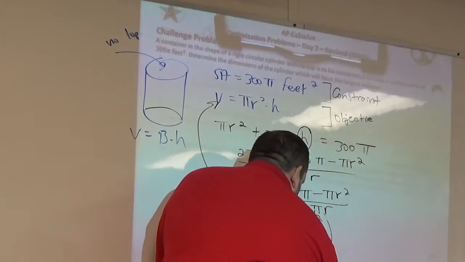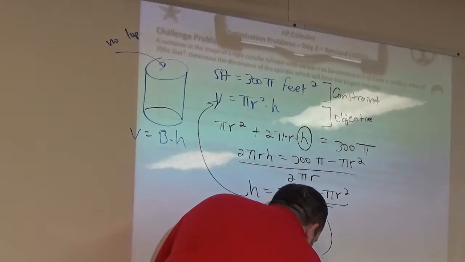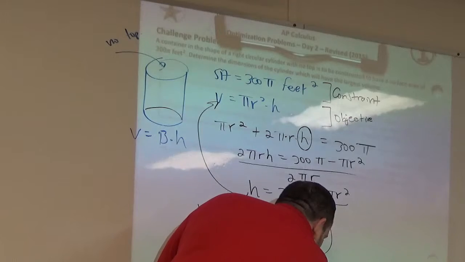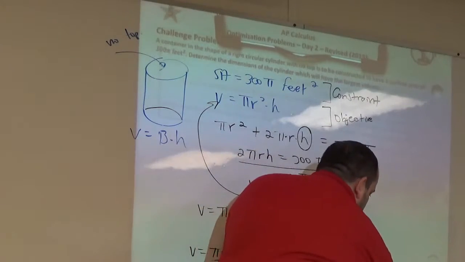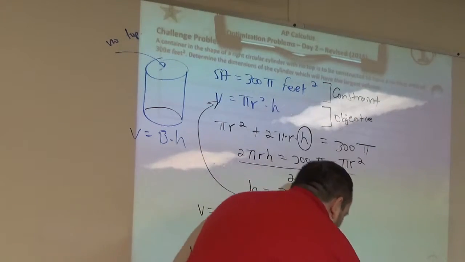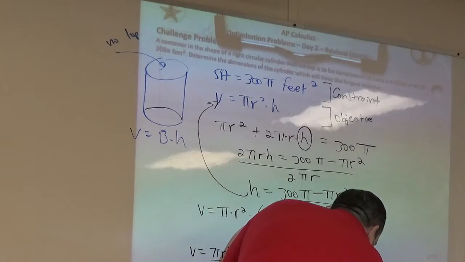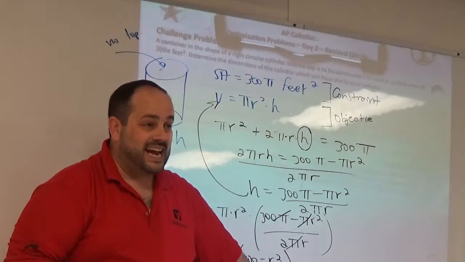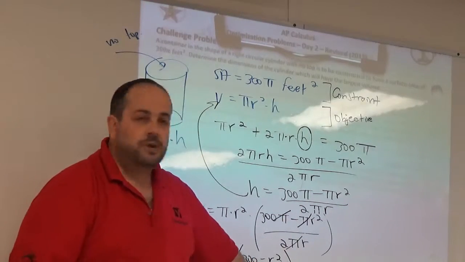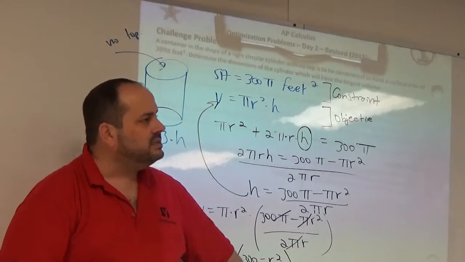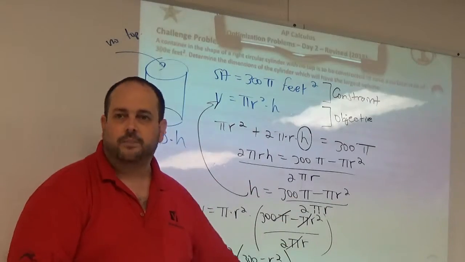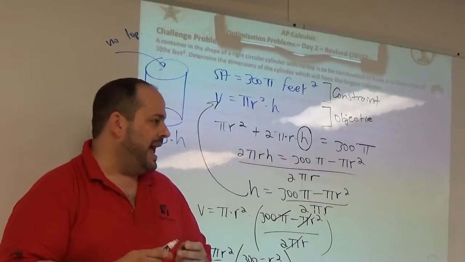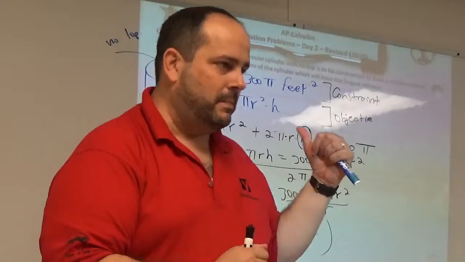I've got a 2 and a 300 I can reduce. So I've got 150 pi r minus pi r cubed over 2. Finding the derivative for this should be much, much easier to then finish off the problem. Life is good.